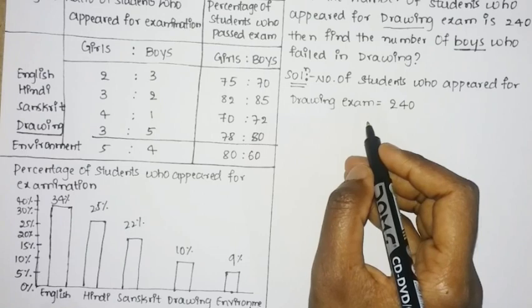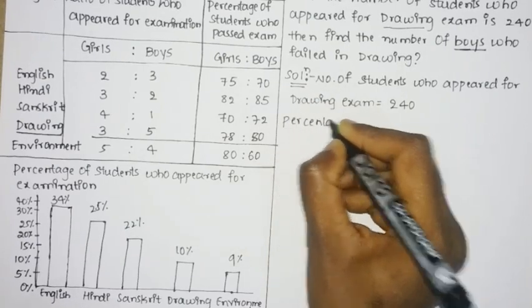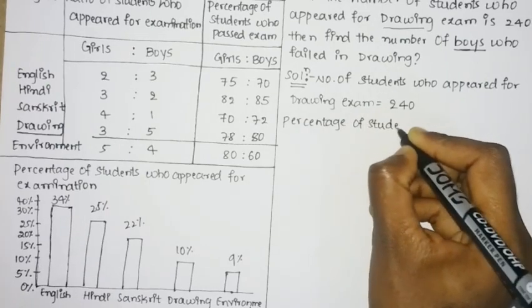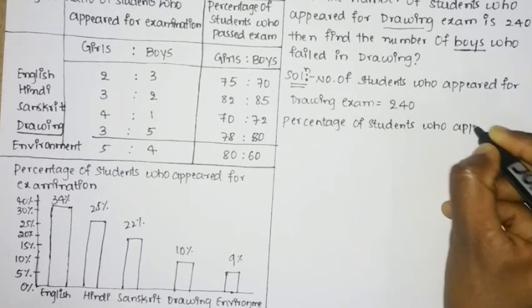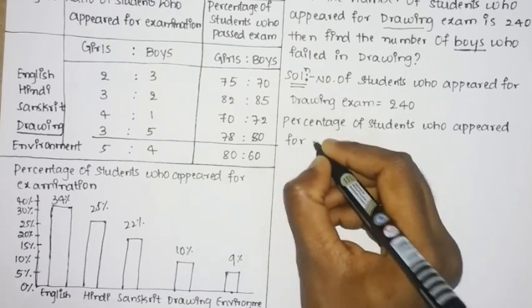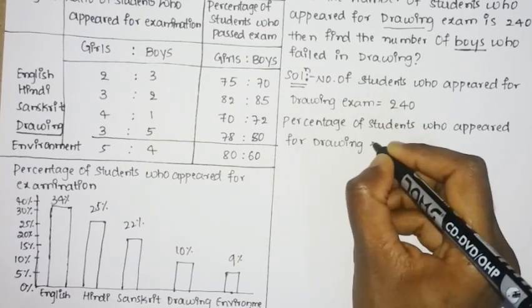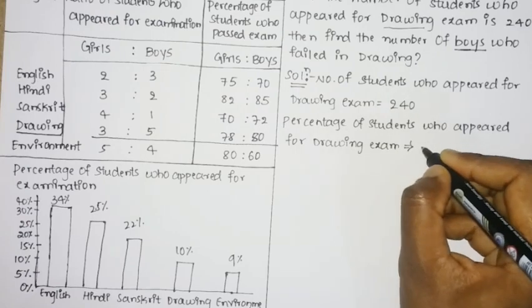So the percentage of students who appeared for the drawing exam is equal to 10%.